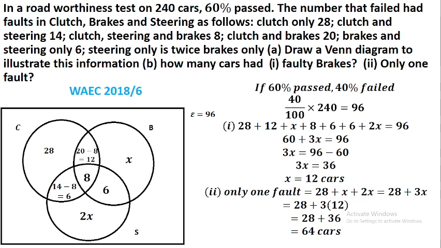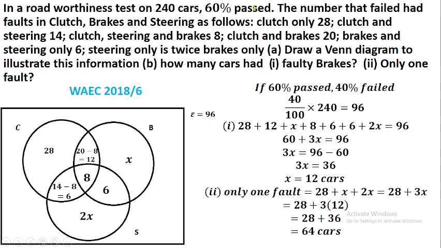This question is a WAEC past question, 2018, question number 6. In a roadworthiness test on 240 cars, 60% passed. The number that failed had faults in clutch, brakes, and steering as follows.